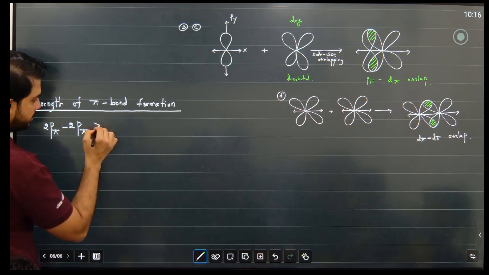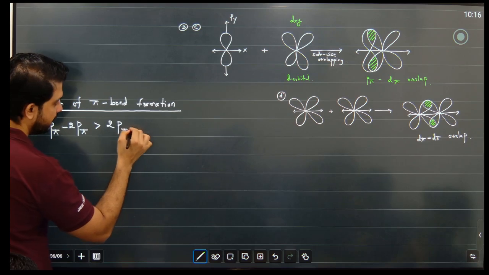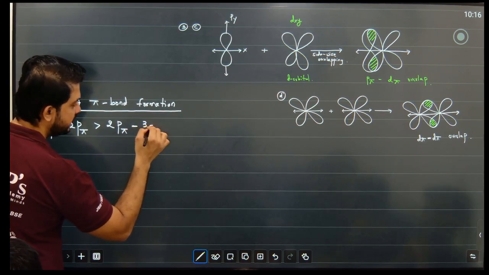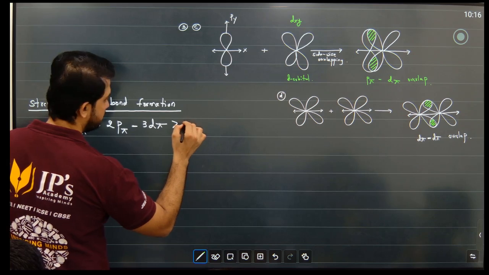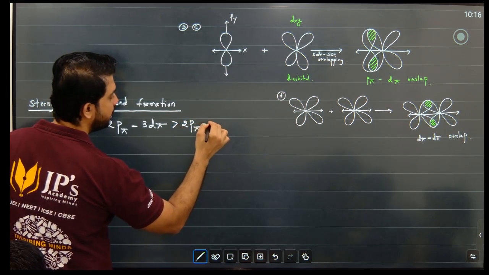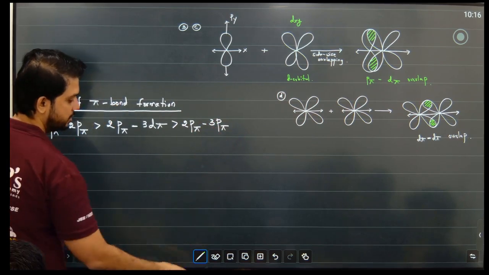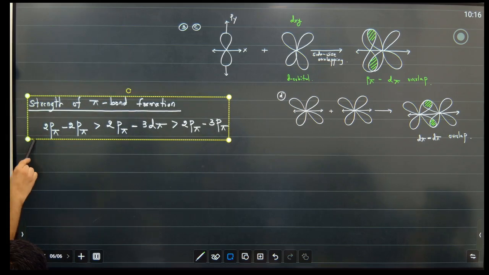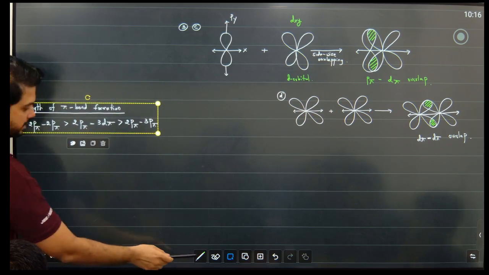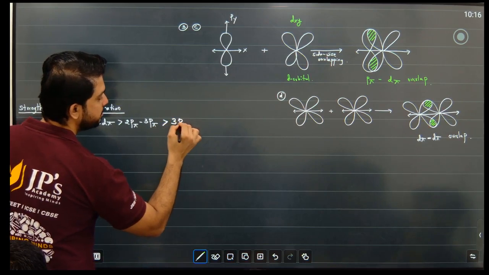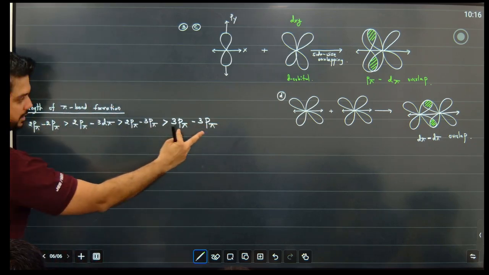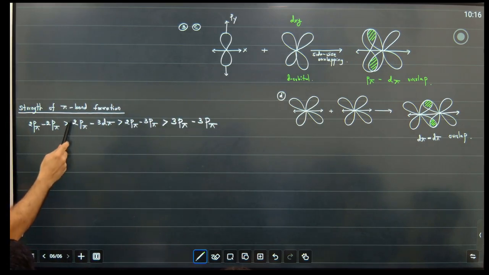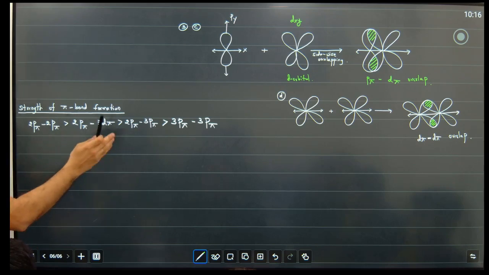Then it is between 2 p pi and 3 d pi. Then between 2 p pi and 3 p pi. Then between 3 p pi and 3 p pi, and then repeat the cycle: 2 p pi, 2 p pi, 3 p pi, and then you can continue the cycle as 3 p pi and 3 d pi, and so on and so forth.